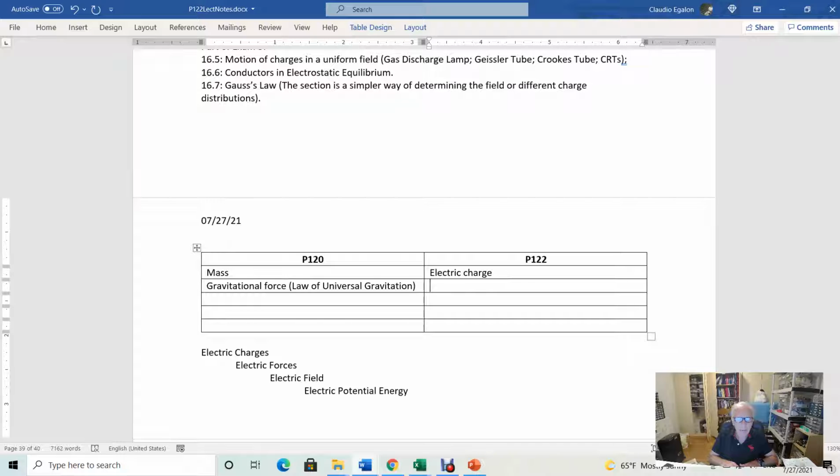In the case of the electric charge, we have the electric force, which is going to be Coulomb's law.